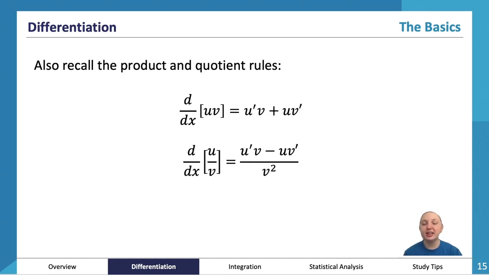Like I said, it's a lot easier to physically see and pick up that you need to use the quotient rule in comparison to the product rule. So you'd have something on the top, something on the bottom.